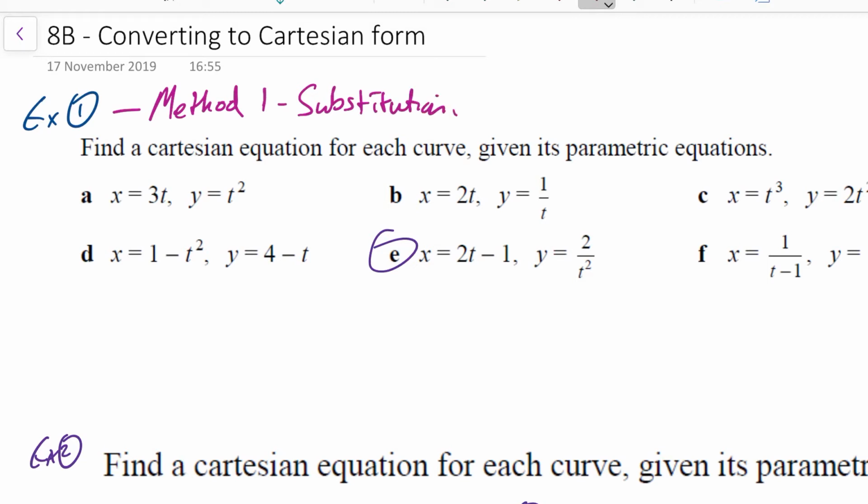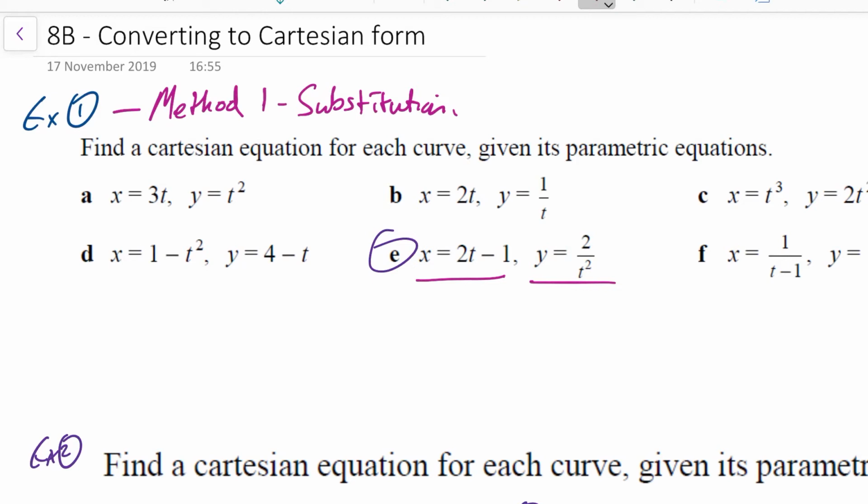Okay, so we're going to just take E as our example here. Now what we need to do is we need to select one of the two equations, either this one or this one, and change the subject of the formula to t.